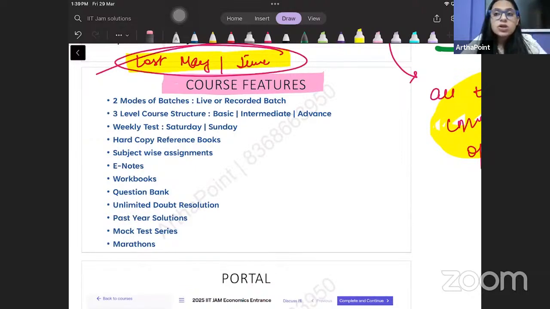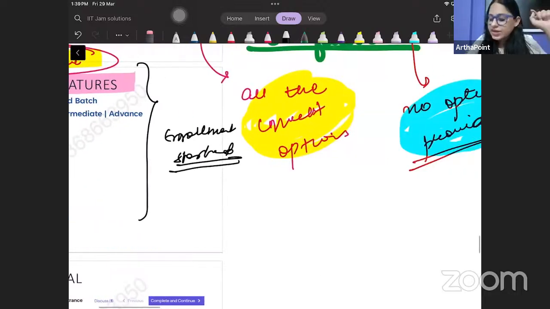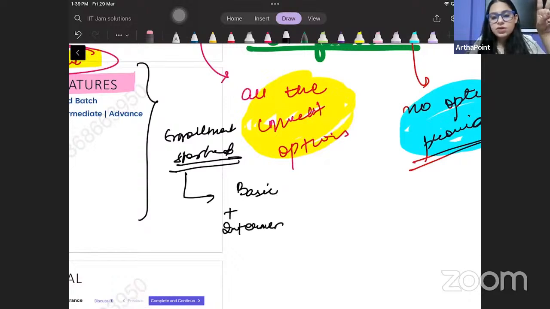But that does not mean that you cannot enroll for the batch now. The enrollment for the batch has already started. And when you enroll for our class, you already get access to 2 materials called basic and intermediate, right?